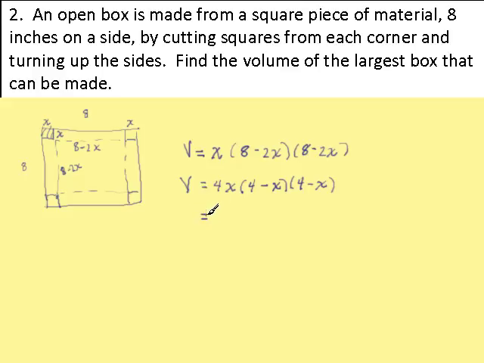All right, let's get ready to take the derivative. So let's multiply these two factors together. So here we have 16 minus 8x plus x squared.